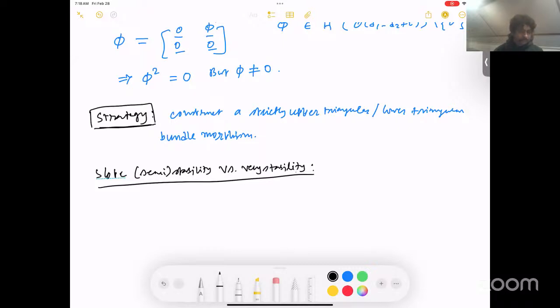So our first observation is the following. Then we come to the slope stability stuff.